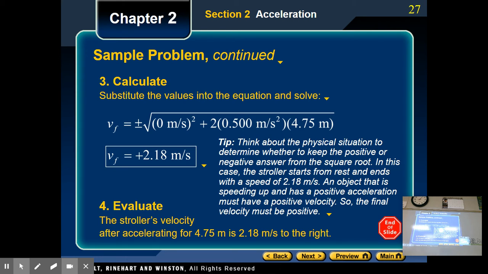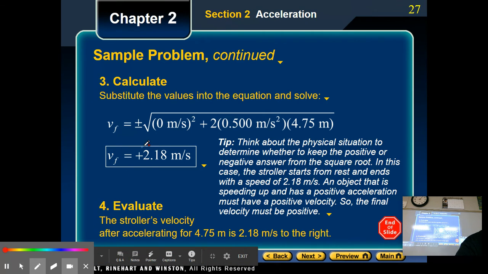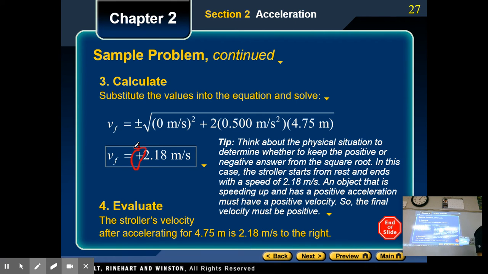So you get an answer of plus 2.18 meters per second. But now is when we really need to focus on replacing that plus sign with the direction.